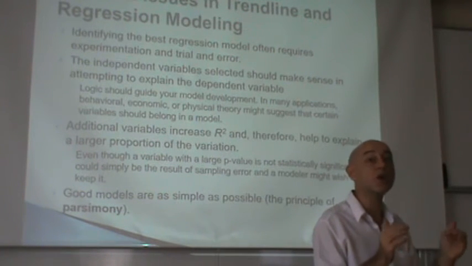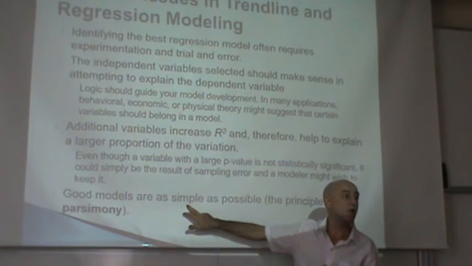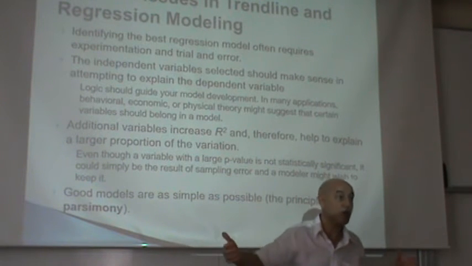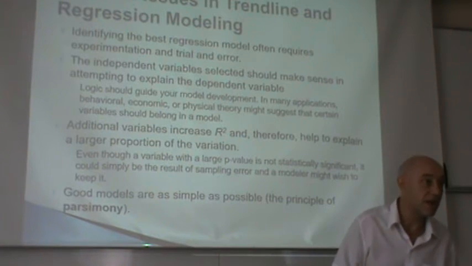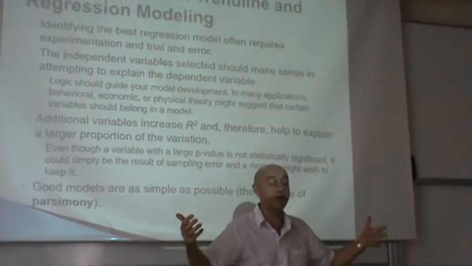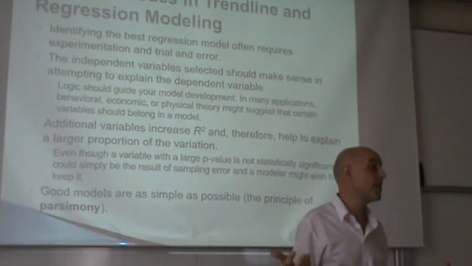The smaller, the better. Or the simpler, the better. You don't need complicated models. We always prefer something which is simple as opposed to something which is complex. Okay? We want to have, if we can, simple explanations.